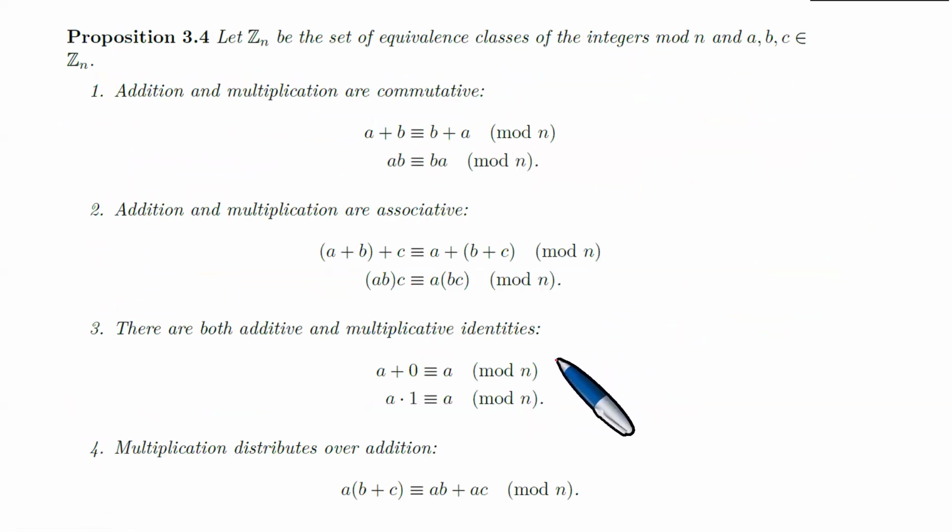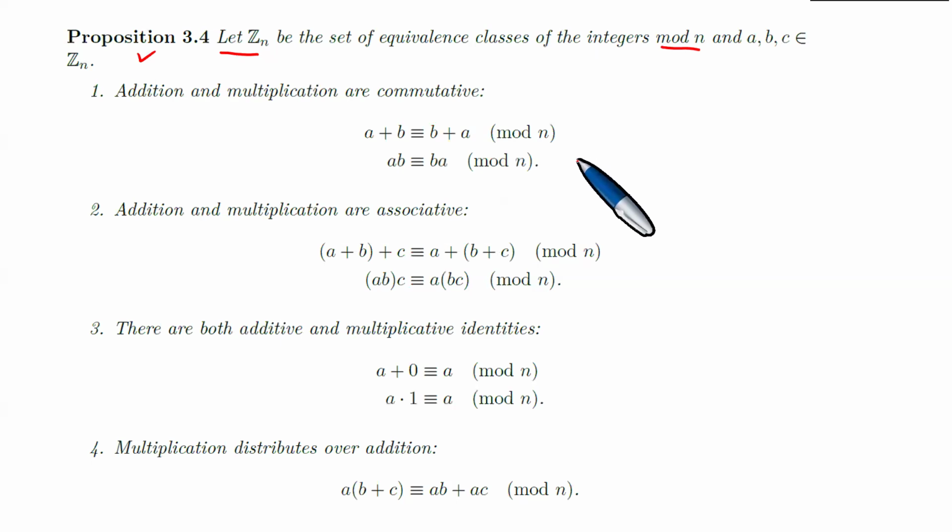Okay, there's a proposition that is essential as part of the textbook's approach to this course, and we're looking at which results are very important here. Proposition 3.4. What does it say? Let Zn be the set of equivalence classes of the integers modulo n. Zn becomes the set of equivalence classes, as we saw earlier.